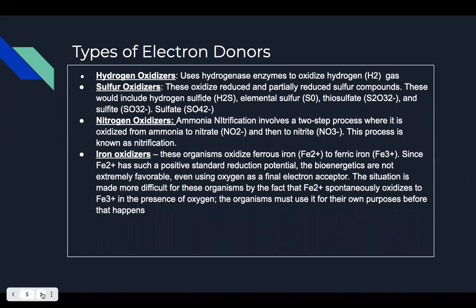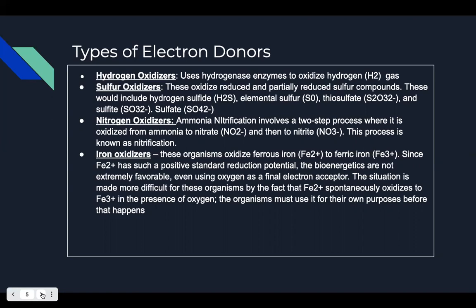This usually starts with ammonia, nitrification, and it's a 2-step process where the ammonia is oxidized to nitrite, NO2, and then it is further oxidized to nitrate. And that's the process of nitrification.